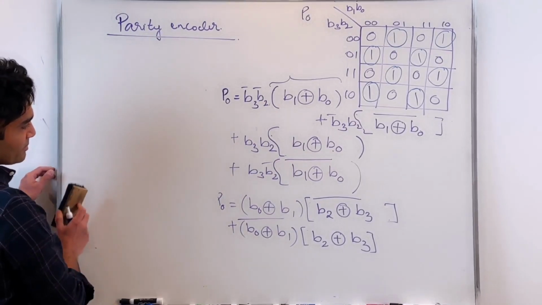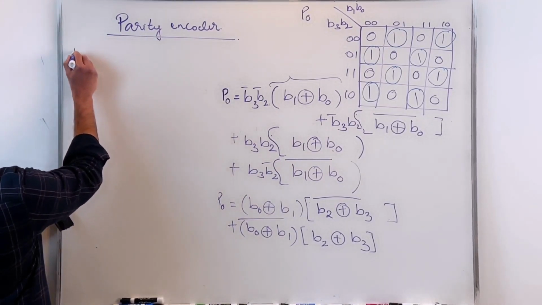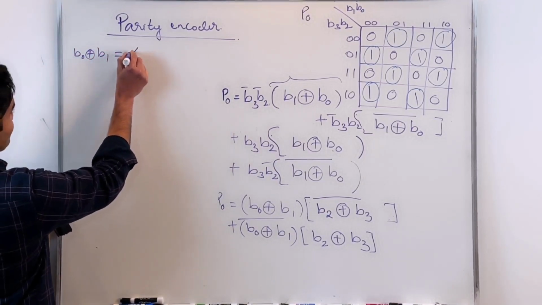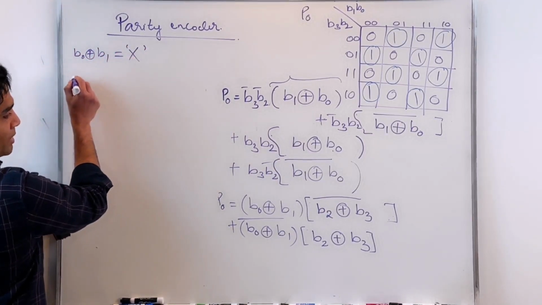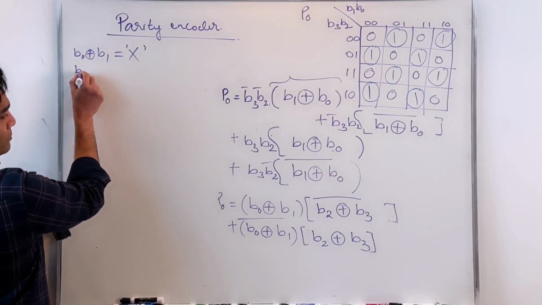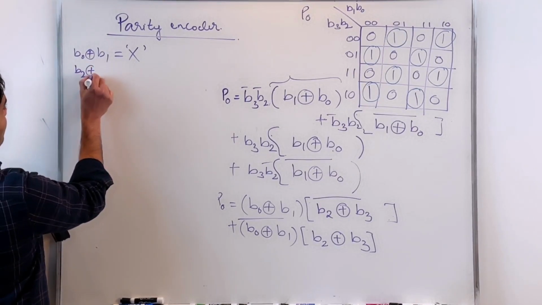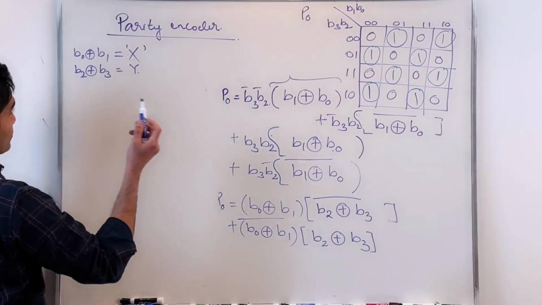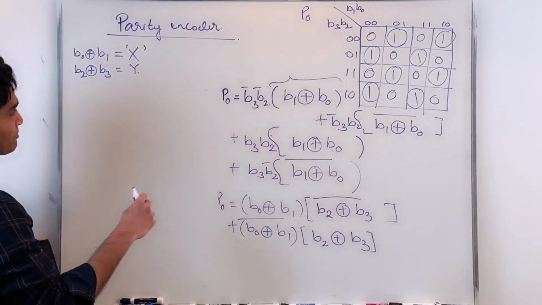If you notice this, if I call B0 exclusive OR B1 as X, and I call B2 exclusive OR B3 as Y, what is my P0 then?